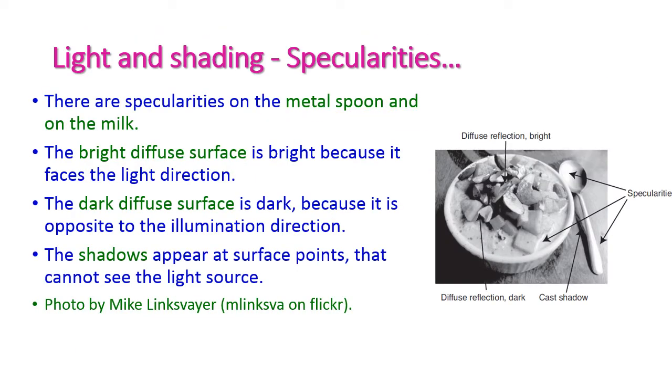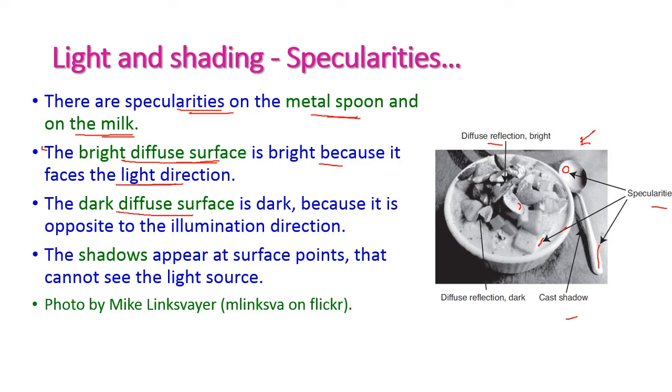This image explains the diffuse reflection, shadow, and specularities. Here are the specularities on a metal spoon in the milk. See this area here and here. So this is called specularities, and the bright diffuse surface is bright because it faces the light direction. See, the brighter area faces the light direction, so it seems very bright.